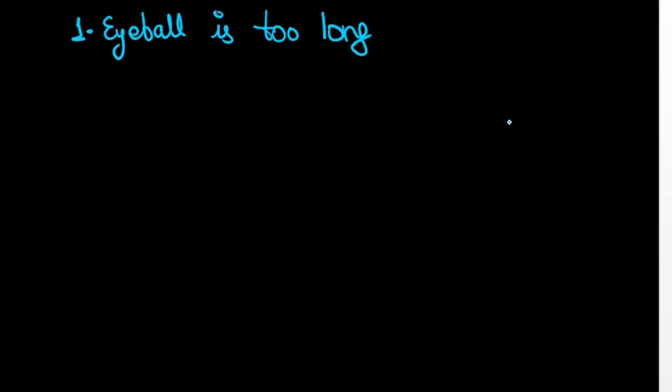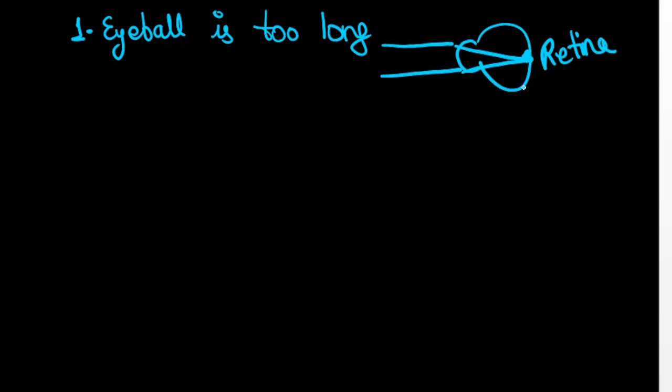What does this mean? So in the case of your normal eye, this is, let's say, your eye, don't mind my drawing. This is the light ray coming, फिर converge होके it will form image on retina. Retina पे क्या होगा? Image formation, right? This is a normal case.